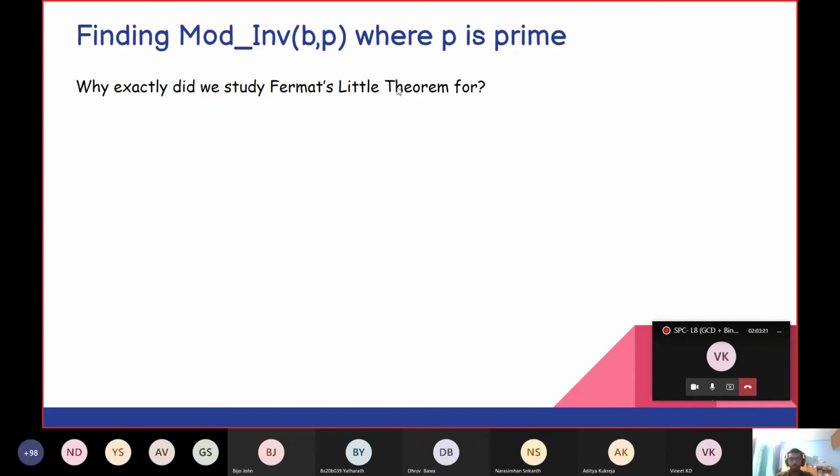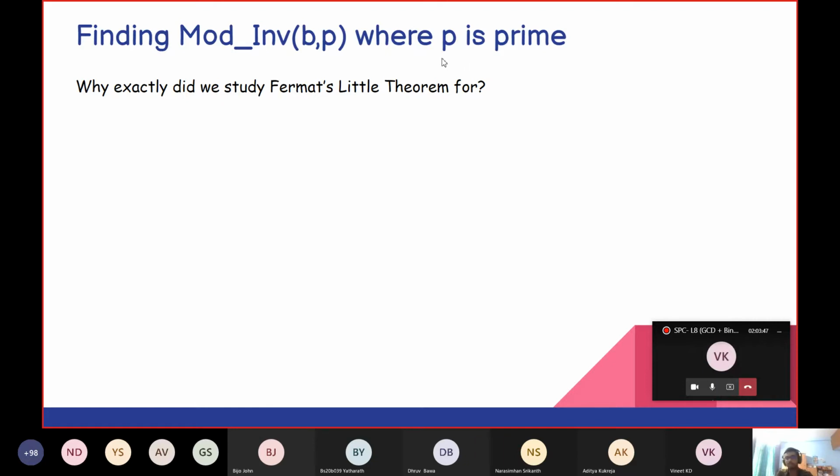So what we do is we use Fermat's theorem, and this method of finding mod inverse is applicable only if P is prime. The concept of mod inverse is applicable if B and P are co-prime. P need not be prime for finding mod inverse. But for applying Fermat's theorem, you need P to be prime. So we are studying a subset case of finding mod inverse where P is prime.